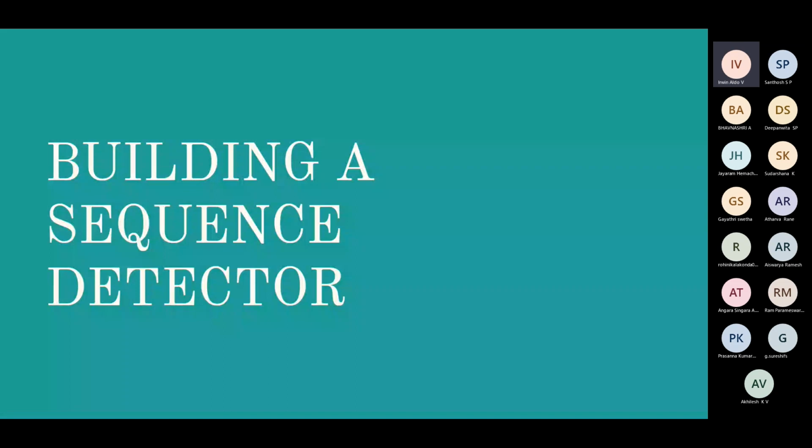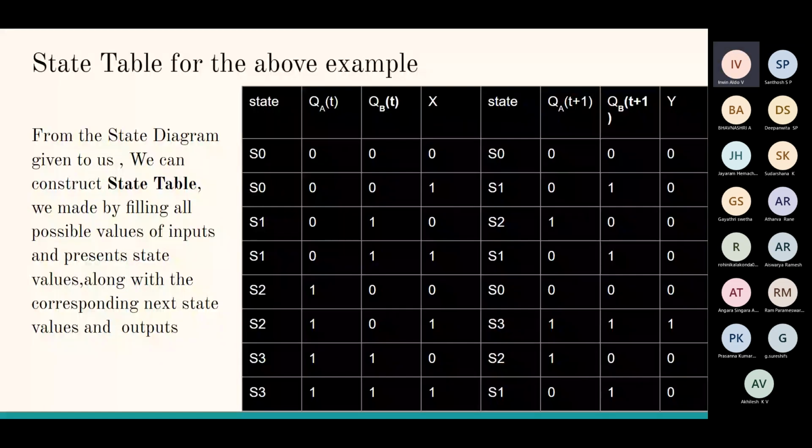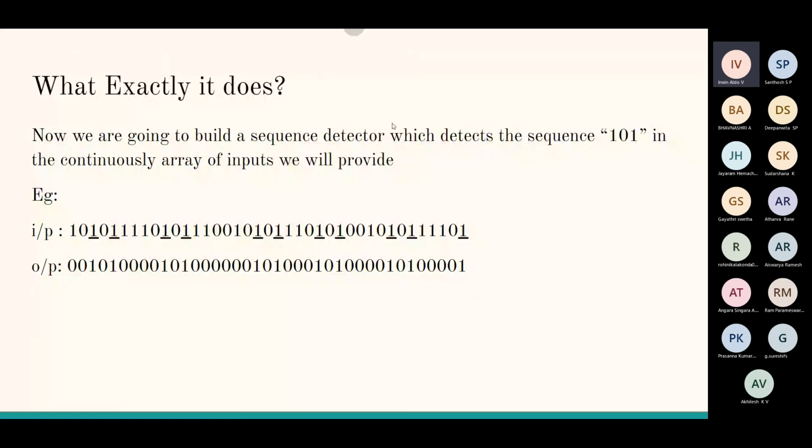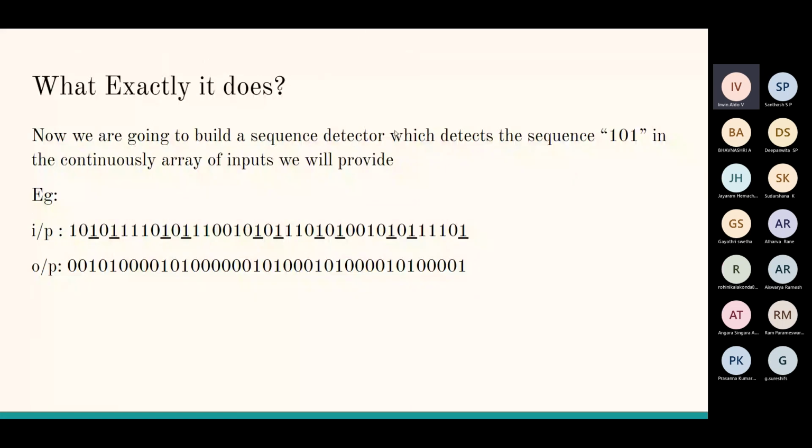We are going to build a sequence detector in this session, which detects the sequence 101 in a continuous array of inputs we will be providing. Let's say we are giving the inputs as some random thing. Our sequential circuit should detect whenever the last three digits correspond to 101.